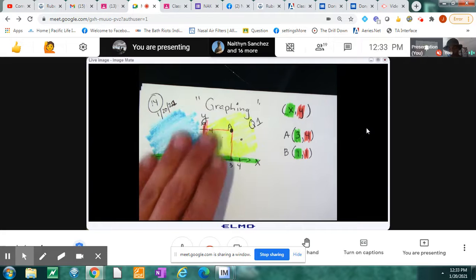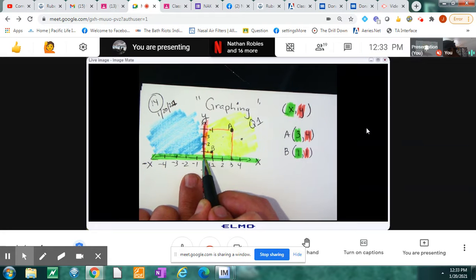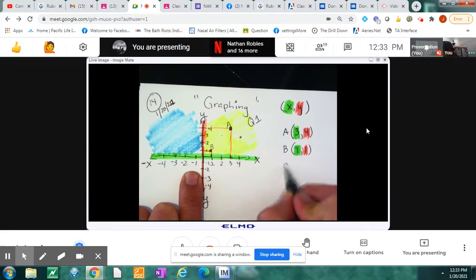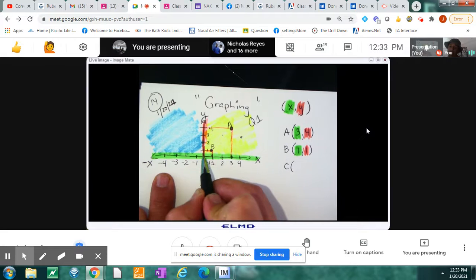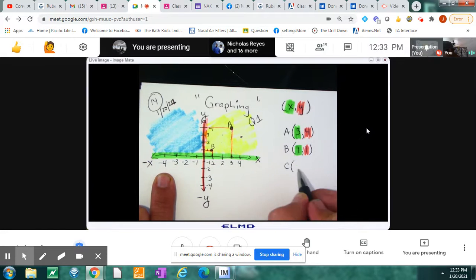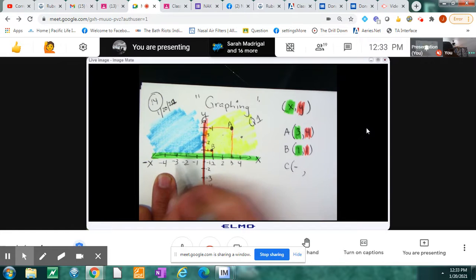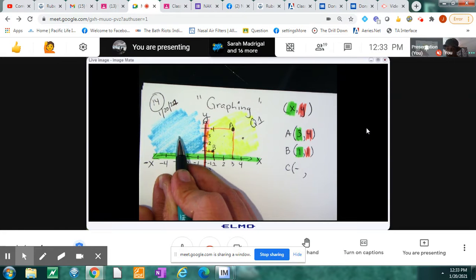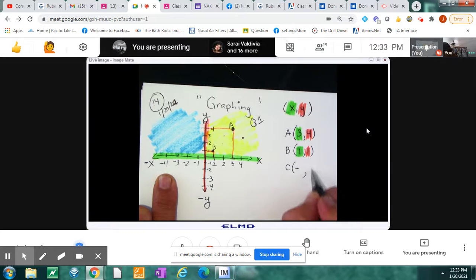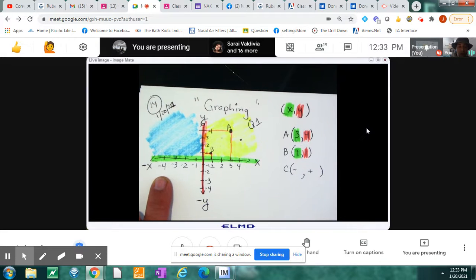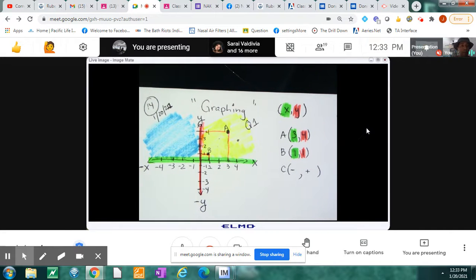So quadrant 2, if we start here, remember it's first X, right? X, which is a negative, so you have to do a negative, and then you have to go up. So that's positive. Okay, that's quadrant 2. There has to be a negative number and then a positive number.